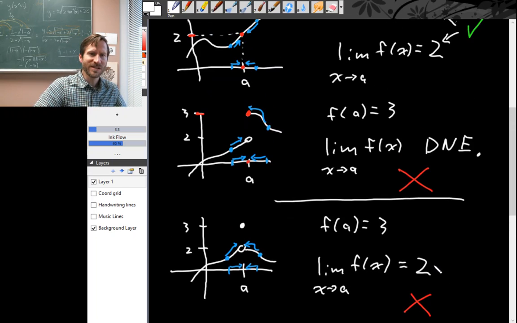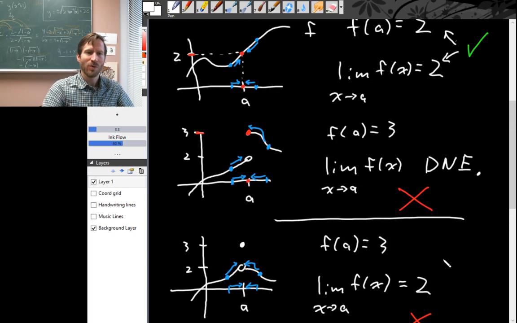Well, if you look at these 3 examples that we've drawn, what really separates the 2 that didn't work from the one that does work is that for the 2 that didn't work, if you were trying to draw this graph, at the x value a, you would have to lift up your pencil to jump up to some other point, right?